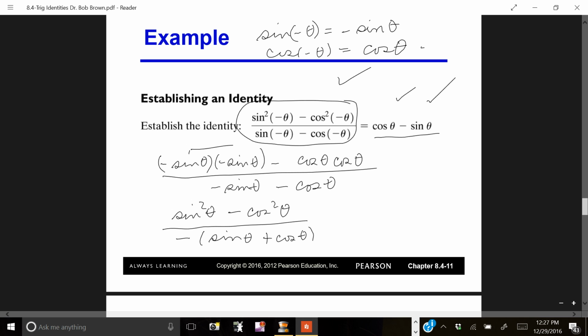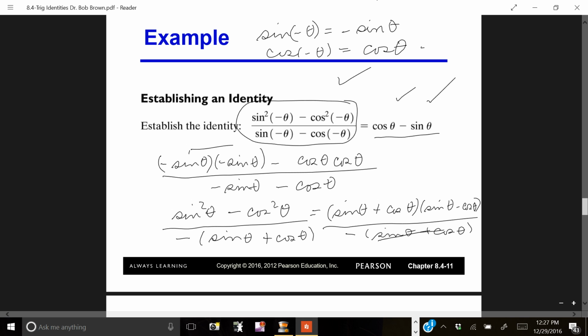And this becomes sine of theta plus cosine of theta times sine of theta minus cosine of theta, and minus sine of theta plus cosine of theta.